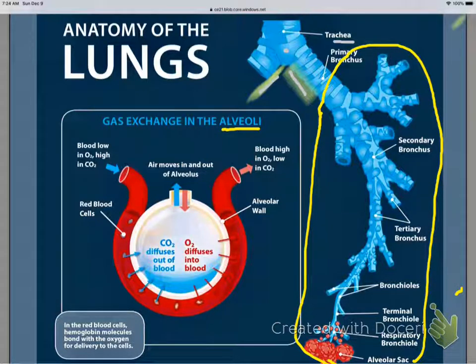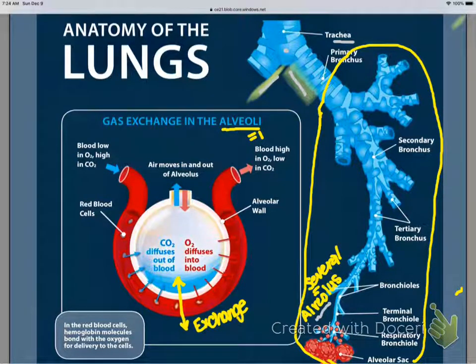And your alveoli, right here, is your transportation. This is where the gas exchange occurs. So your lung is composed of many alveoli, as you can see, but one is alveolus and several is alveoli.